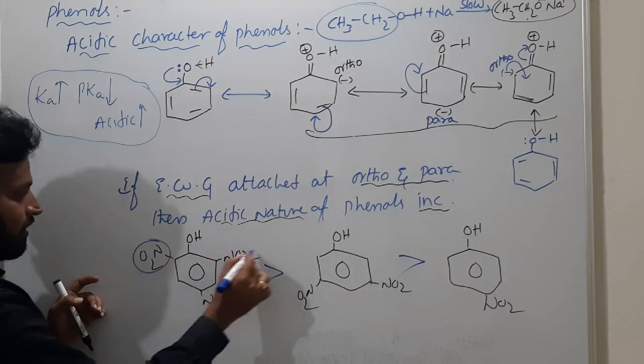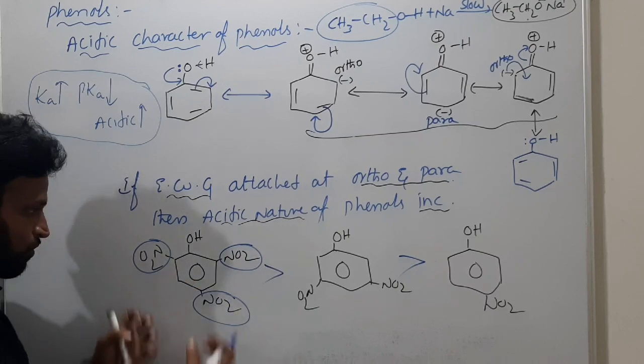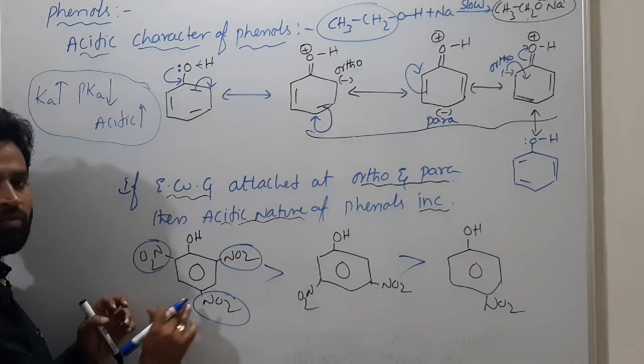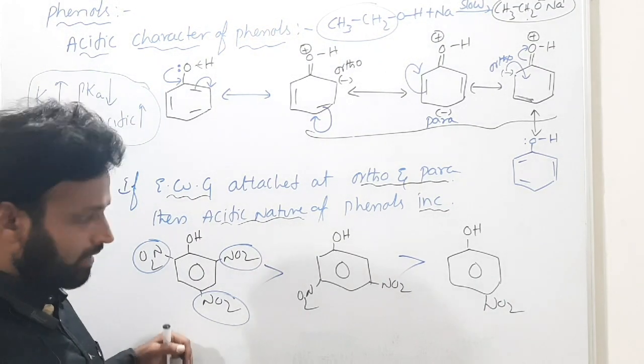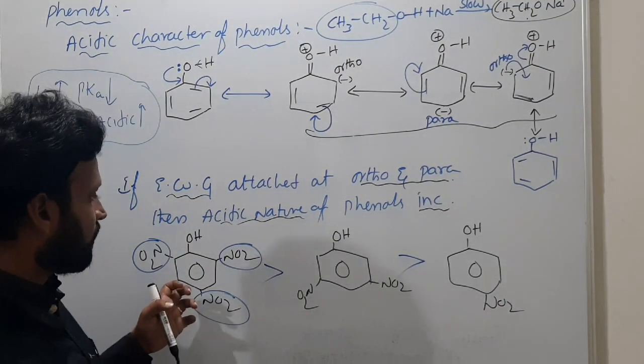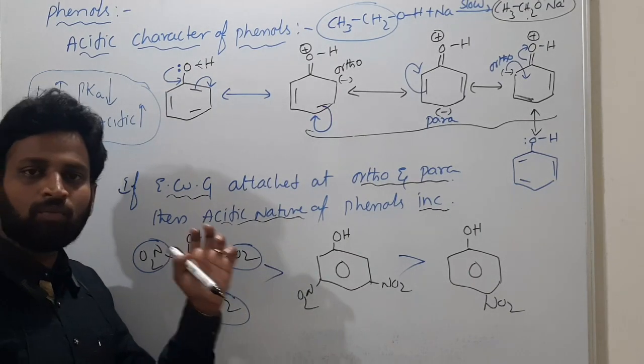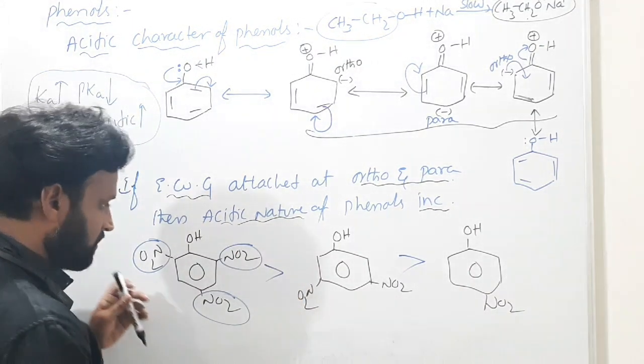Why? There are 3 electron withdrawing groups. So the more the withdrawing groups, the more the acidic character. H plus can go easily.